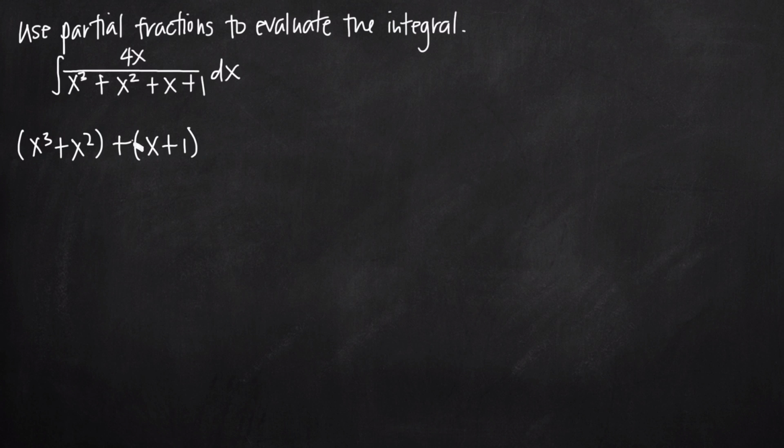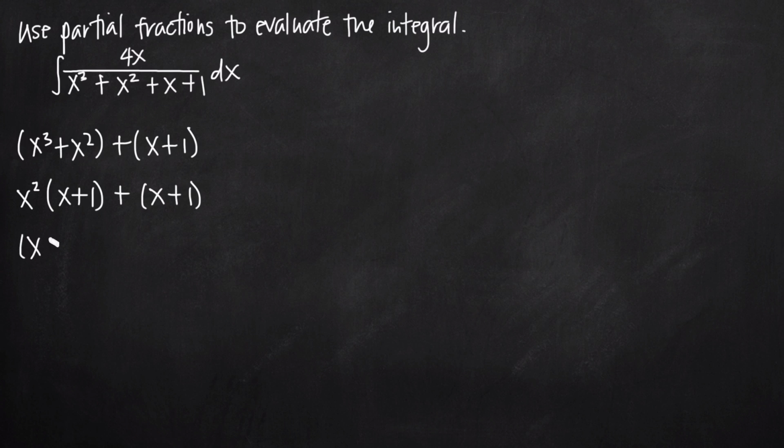We can see immediately there's no greatest common factor in the second term, so we can't pull anything out of there. From the first term, though, the greatest common factor is x squared. So pulling that out, we get x squared times quantity x plus 1, and then we have, of course, this x plus 1. Now we can see that we have this common factor of x plus 1 in both of our groups, so we're going to pull that out.